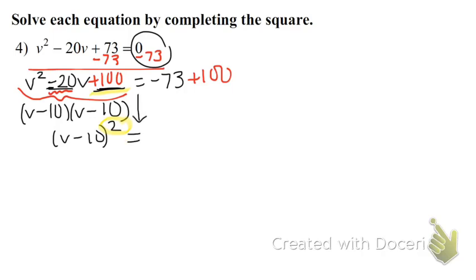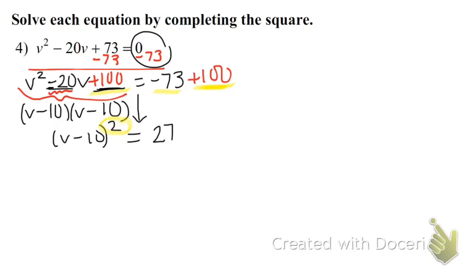And on the right side, I have a negative 73 plus 100, more winning than losing. So that's going to be a positive 27. Feel free to use your calculator, but some of you have gotten really good at not using a calculator, so try not to use it, but if you have to, you have to. Try to do it in your head first and check with your calculator.